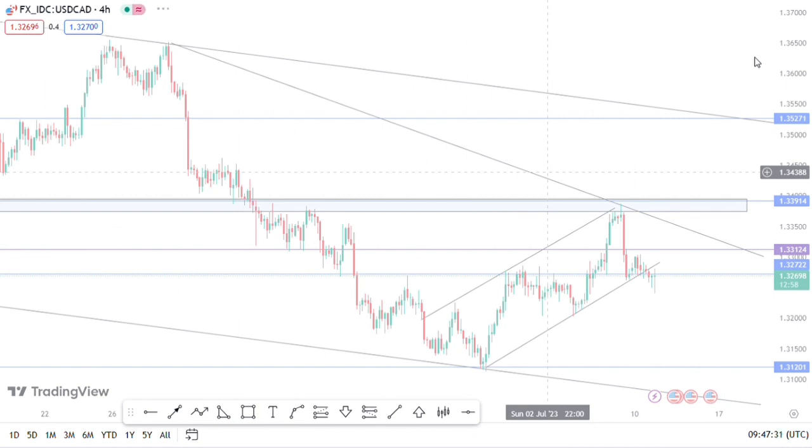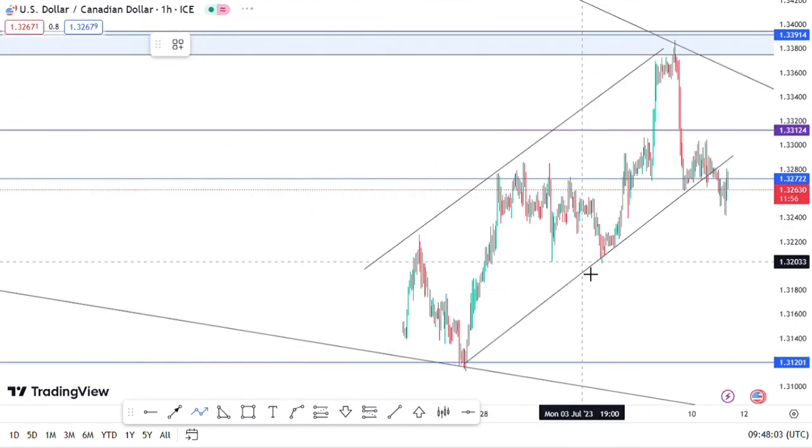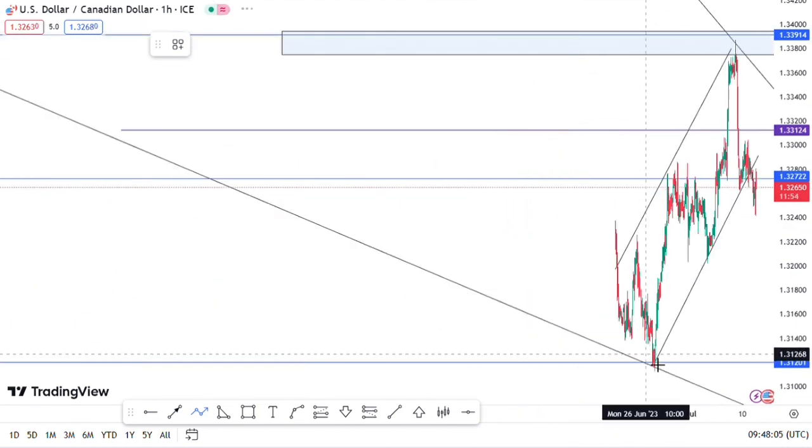That's a pattern of a head and shoulder. From here, the network is just... this is a pattern of a head and shoulder.